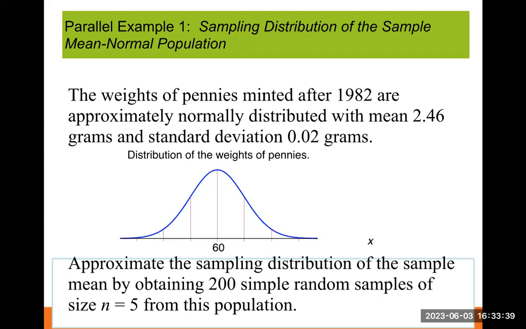Here's an example. The weights of pennies minted after 1982 are approximately normally distributed with mean 2.46 grams and standard deviation of 0.02 grams. So this is the distribution of the weights of the pennies. This is what I often refer to as the original distribution or the population distribution.